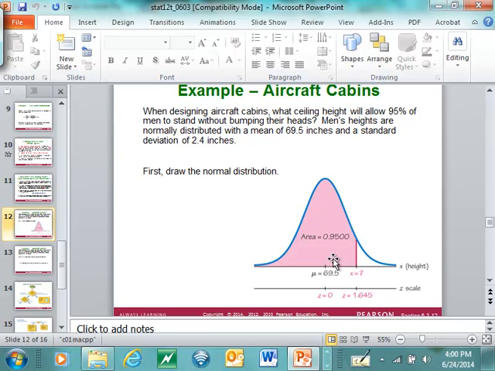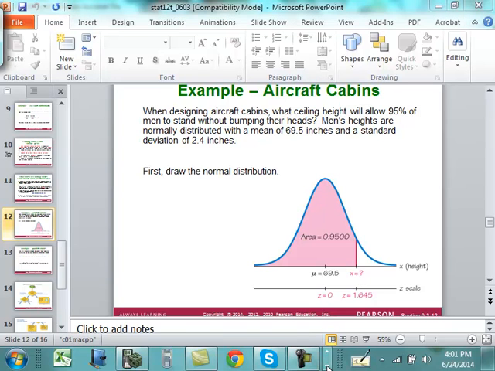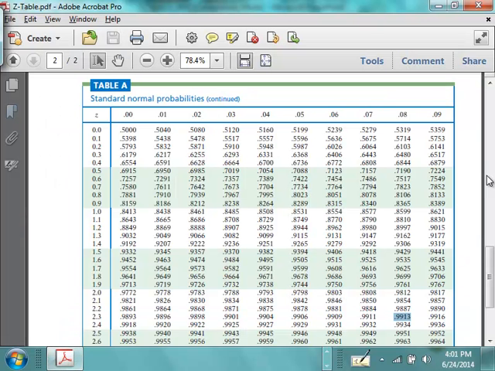Or 95% of all men will have heights less than this height x that I'm looking for. So if we want to use the table, what is the z-score associated with 95% of the area to the left? So let's pull out our z-table.